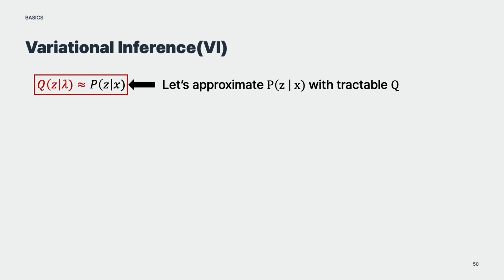In this setup, lambda represents the variational parameters, that is, the parameters of our surrogate distribution q, which we will optimize during inference. This process is equivalent to minimizing the KL divergence between the two distributions.